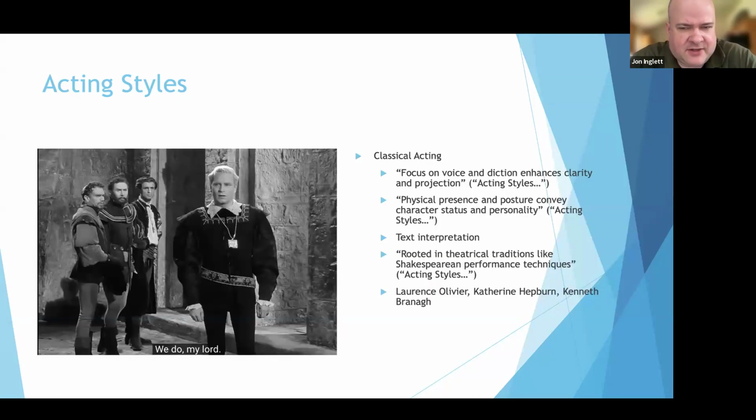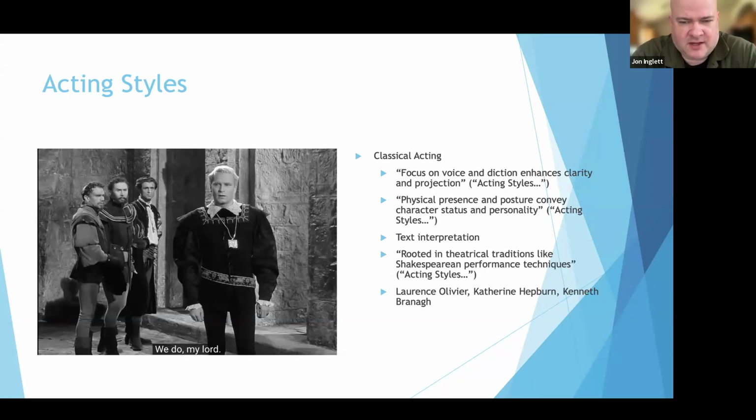The next kind of acting is classical acting. And just like the term classical, think about Shakespeare. Classical acting focuses on voice and diction, which enhance clarity and projection. Next, physical presence and posture convey character status and personality.